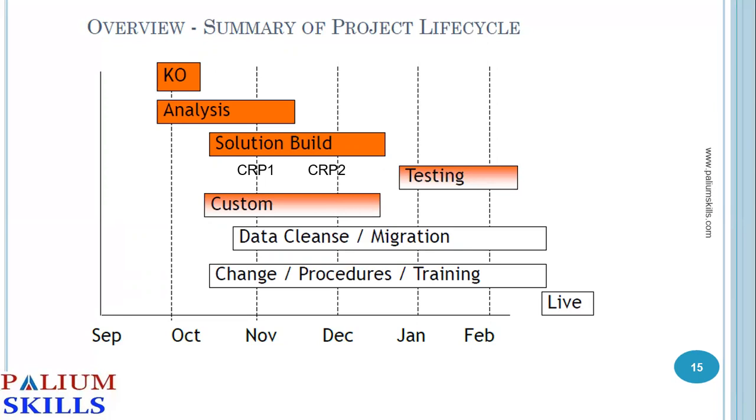Then you have the analysis. When you do the analysis, this is where you are understanding the client processes and trying to configure the system as per the client processes.